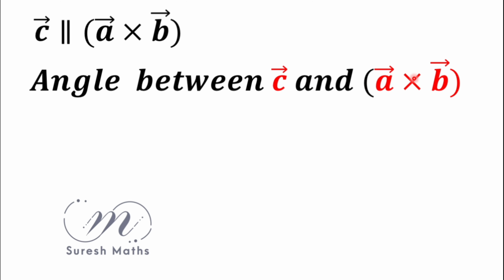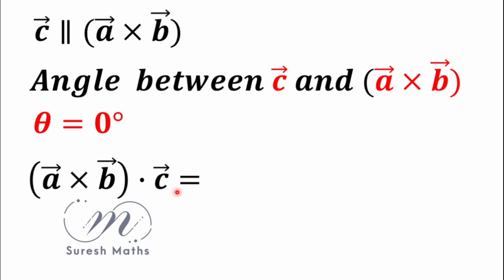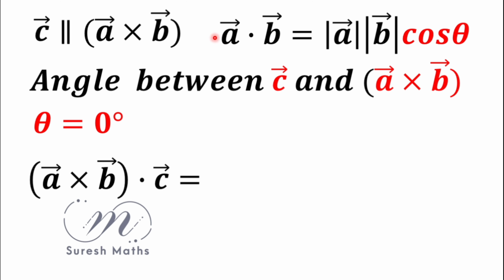Angle between C and A cross B. If two vectors are parallel, the angle between them is 0 degrees. A cross B dot C means the dot product between two vectors. What is the dot product formula? A vector dot B vector is equal to mod A vector, mod B vector, cos theta: the modulus of the first vector, the modulus of the second vector, and the cosine of the angle between these two vectors.